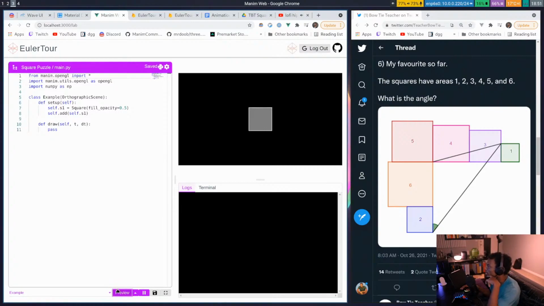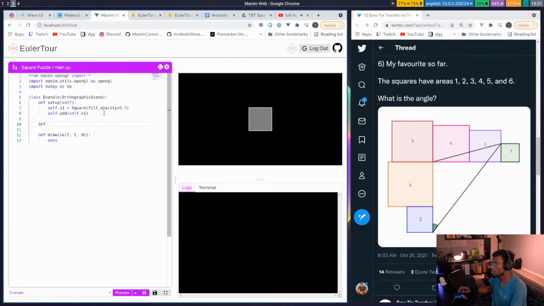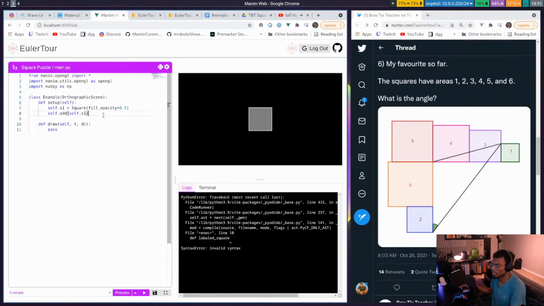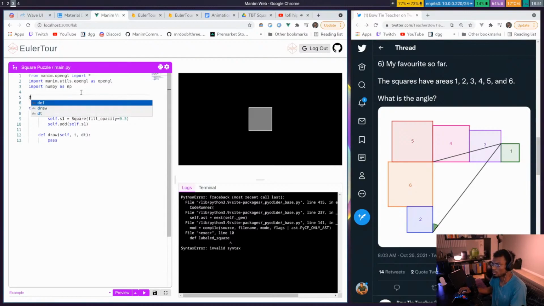Great. As for these colors, I wish I had a color picker, honestly. Let me do this. I have a labeled square. No, it doesn't need to be like part of this. Labeled square like this, and I could just do like side length and number.